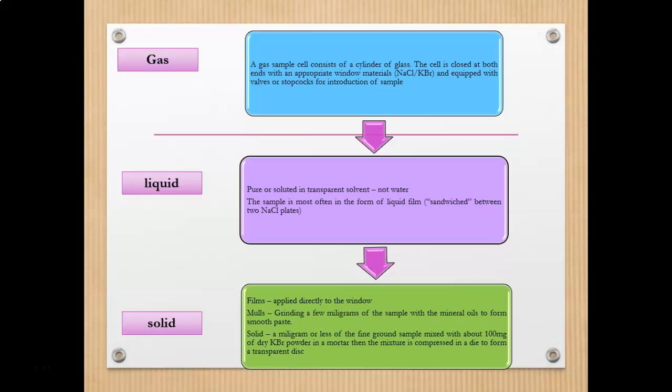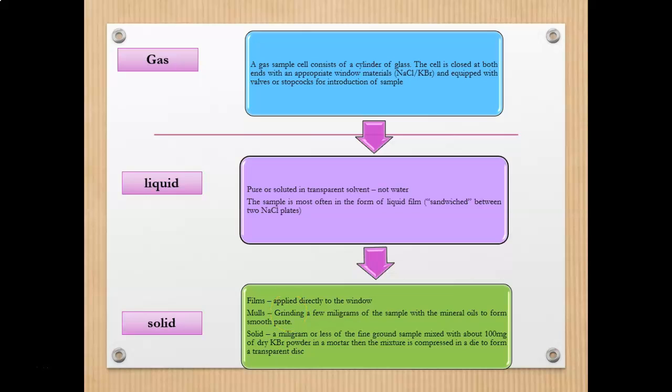Okay, for a sample in solid form, it is either a film, mull, or solid. Films are applied directly to the window, on the place of the sample holder. For mull, grind a few milligrams of the sample with mineral oil to form a smooth paste.